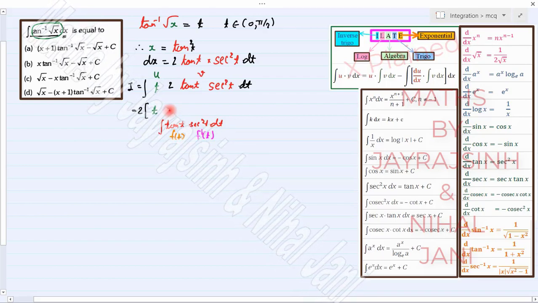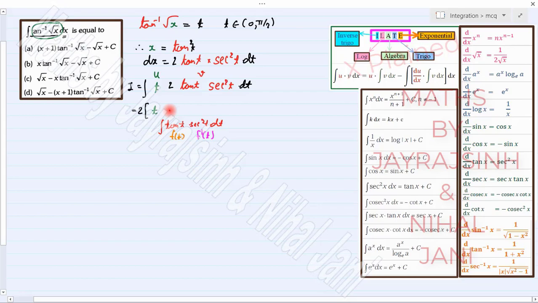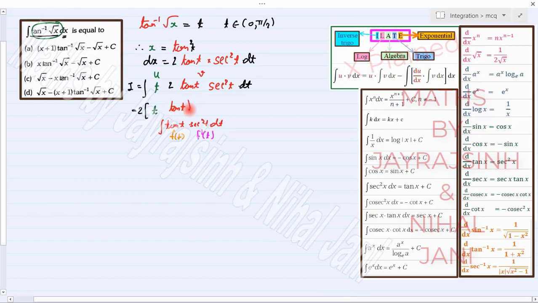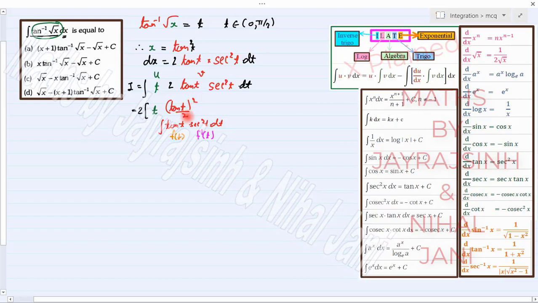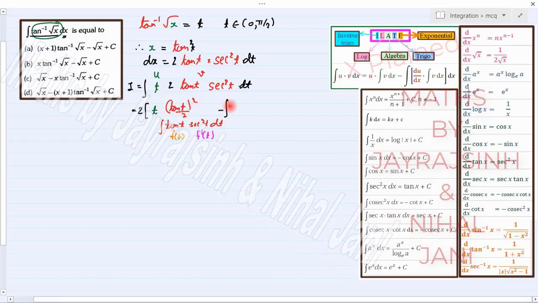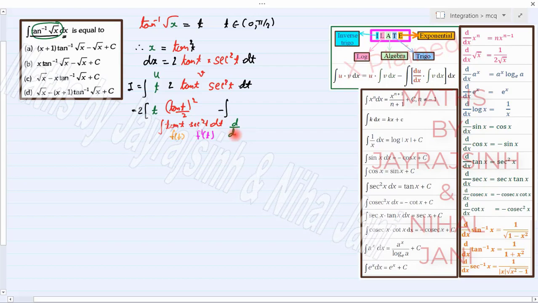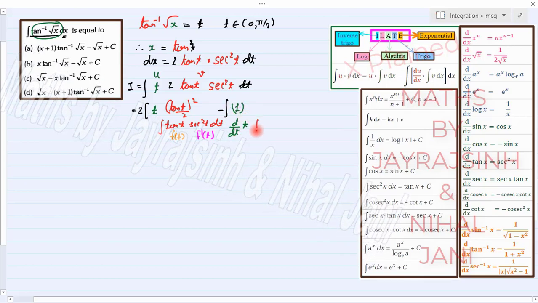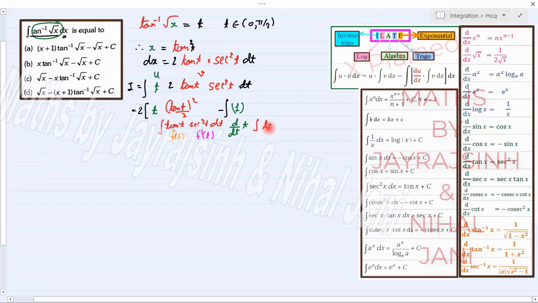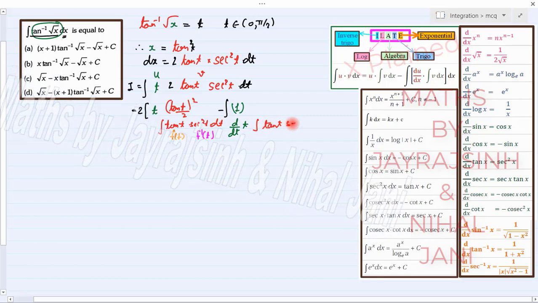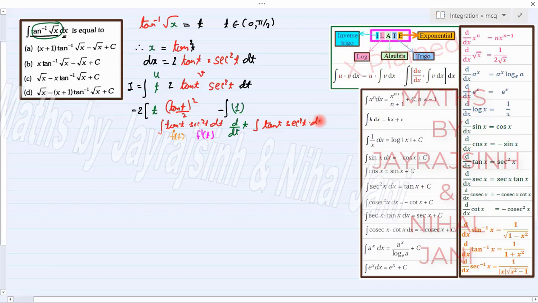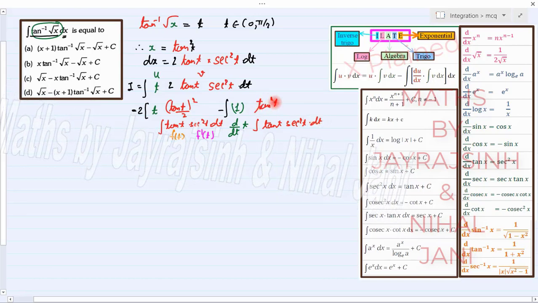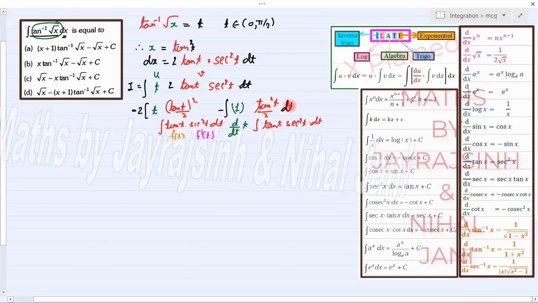So its integration will be (f(t)) the whole square by 2, or we can say (tan t) the whole square by 2, minus the integration of the differentiation of u, which is t, so it will be 1, and the integration of v, which is again tan t into sec square t, so it will be tan square t by 2 dt.